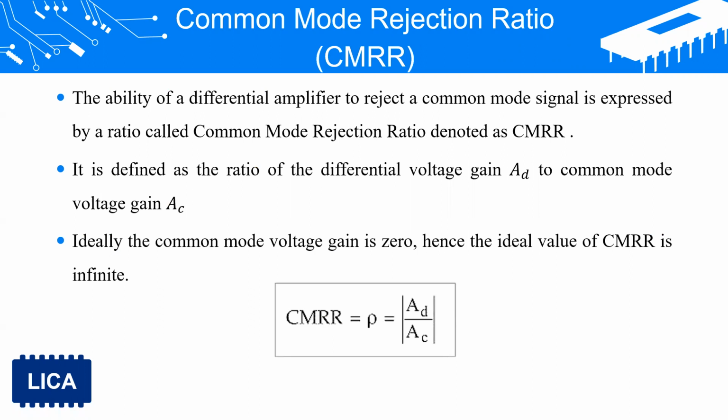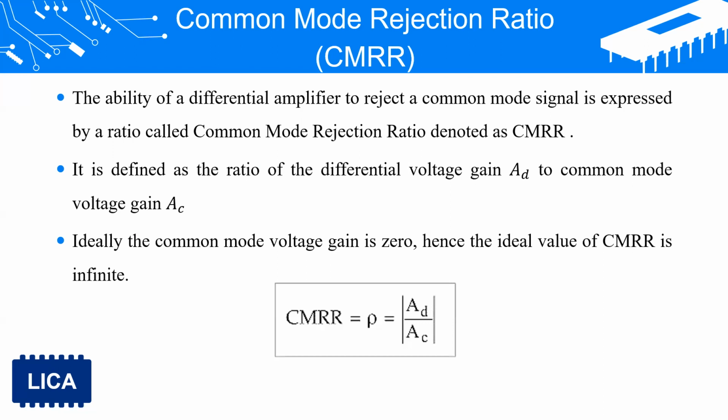Many disturbance signals, noise signals appear as a common input signal to both the input terminals of the differential amplifier. Such a common signal should be rejected by the differential amplifier. Hence the parameter called common mode rejection ratio involves the common signal, commonly referred to as noise, the unwanted signal we have to reject.